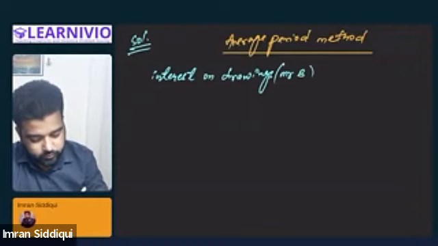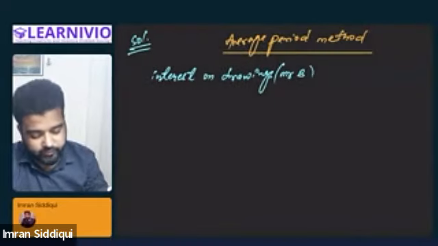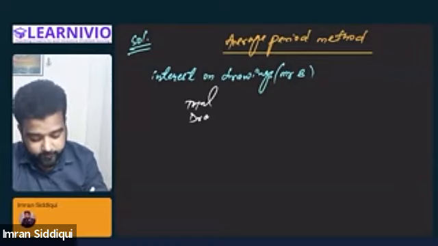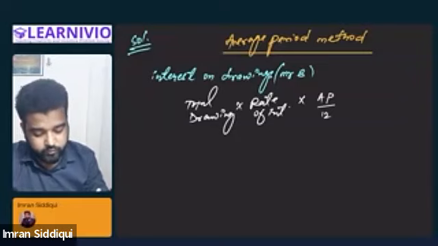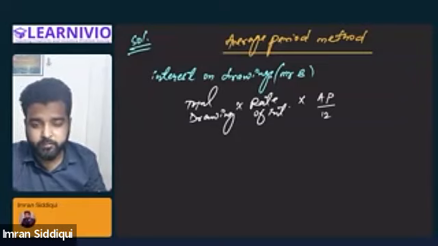So to find out the interest on drawings for Mr. B, the formula will be total drawings made by B into rate of interest applicable into average period divided by 12. So the total drawing made by Mr. B is 48,000.